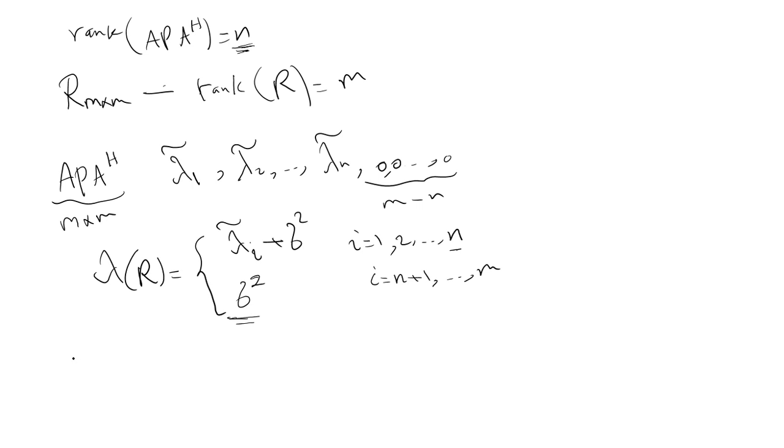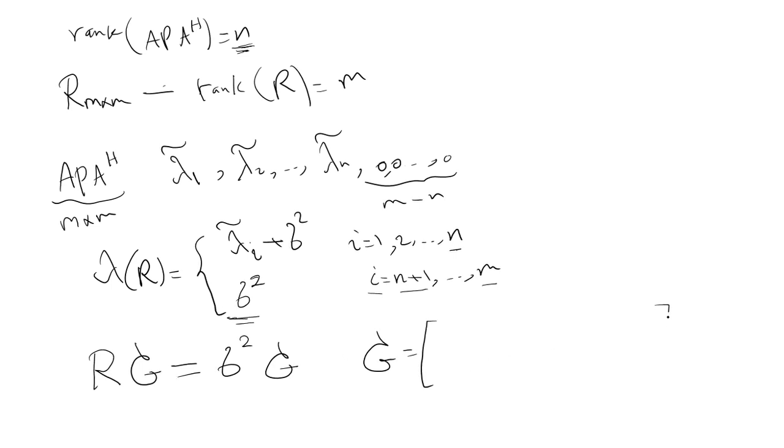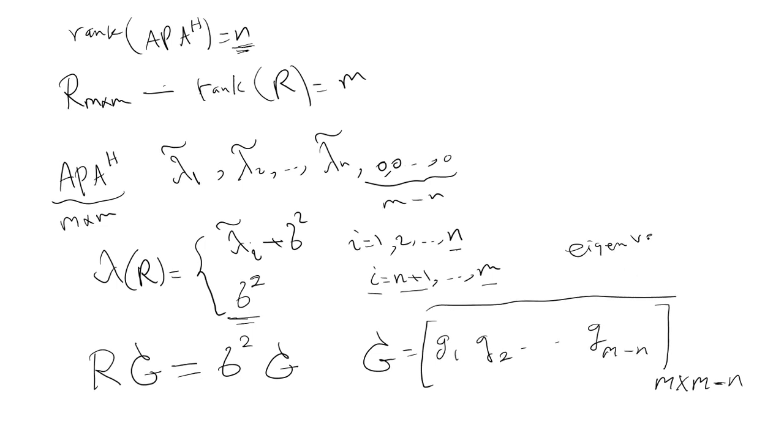If we form the eigenvalues and eigenvectors of R corresponding to i equals N plus 1 until M, we have R G equals sigma squared G. G is the matrix of eigenvectors G1, G2 until G M minus N, corresponding to the M minus N eigenvalues, which is a matrix M by M minus N. These are eigenvectors of R corresponding to sigma squared.